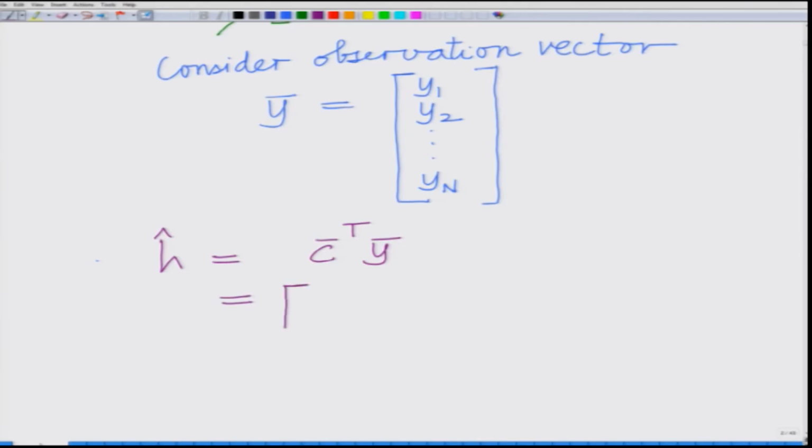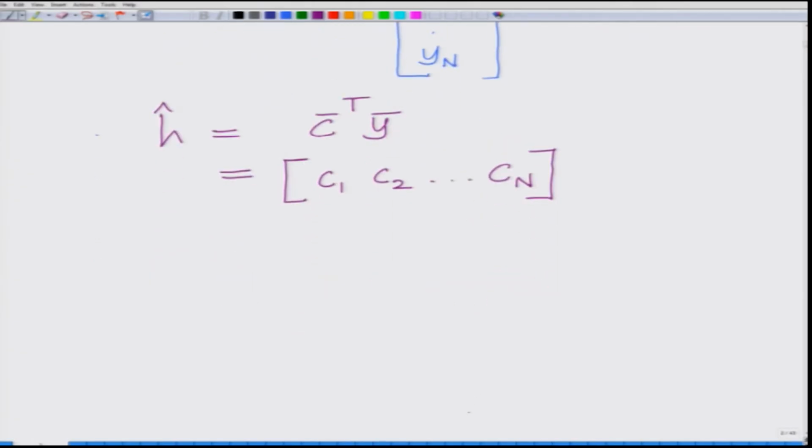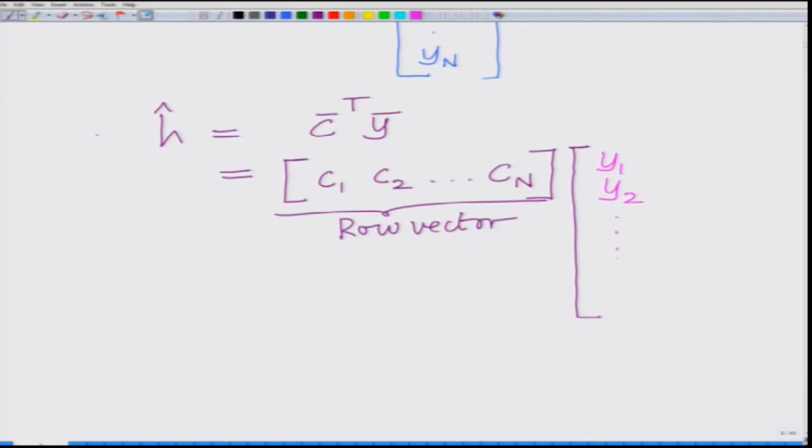which is C 1, C 2, up to C n, the row vector. This is a row vector times y 1, y 2, up to y n, which is a column vector.